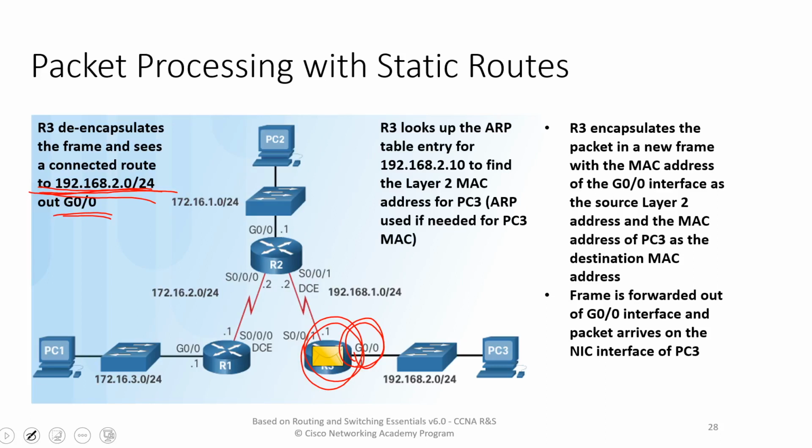Additionally, router 3 can also look up the ARP table to identify the specific MAC address, because it belongs to that network. So it can identify that for PC3, encapsulate that information, and forward it across to PC3. That is basically how packets will be processed when we are using static routes across multiple routers.